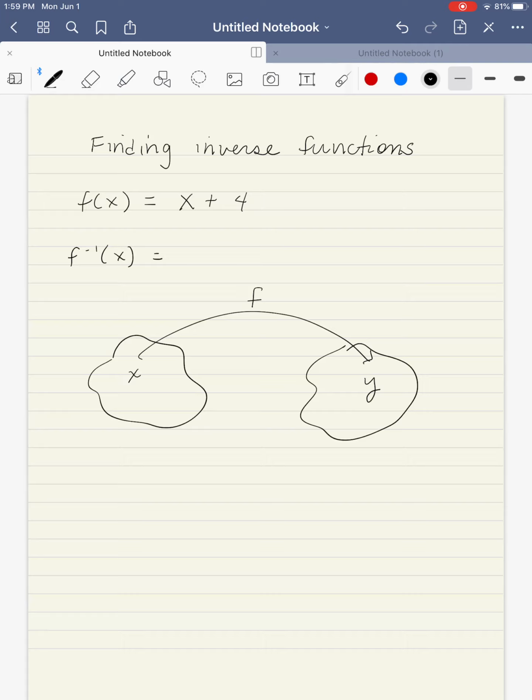That's what f does. The inverse function is going to take this number and bring it back to where you started, and that's f inverse. So I want you to think about what function would undo what the function x plus 4 does. Go ahead and write that in.